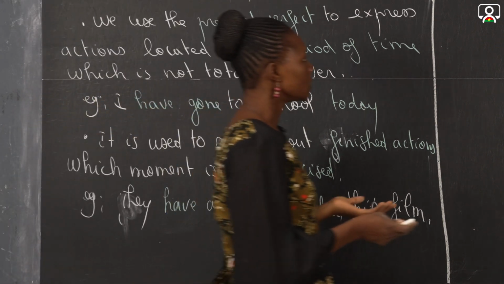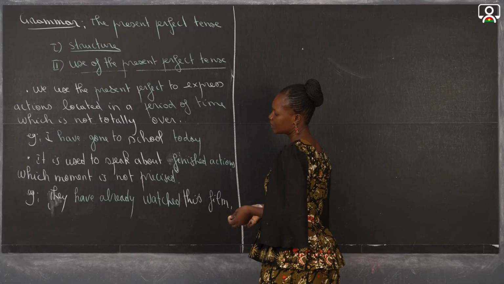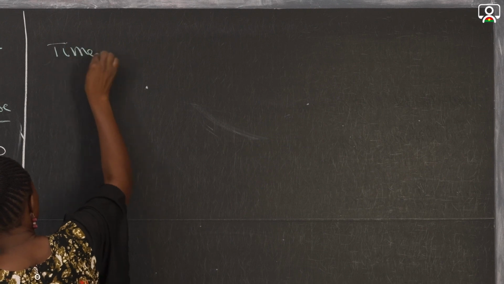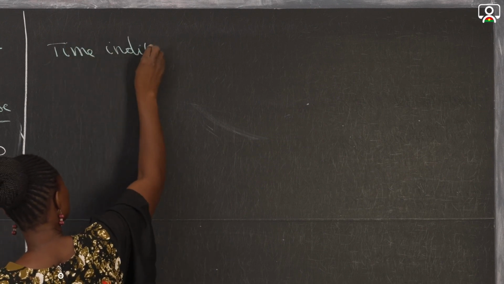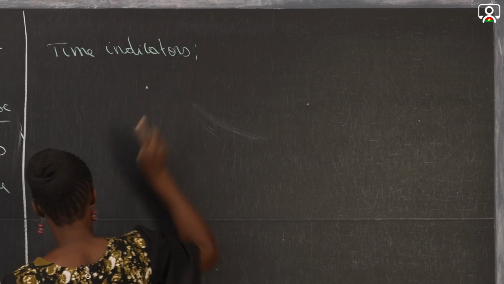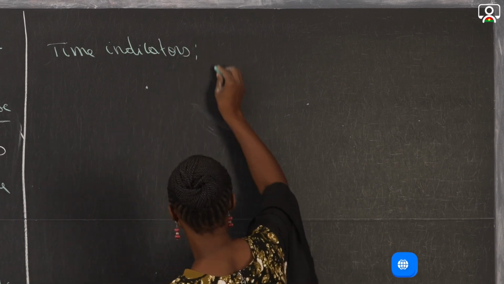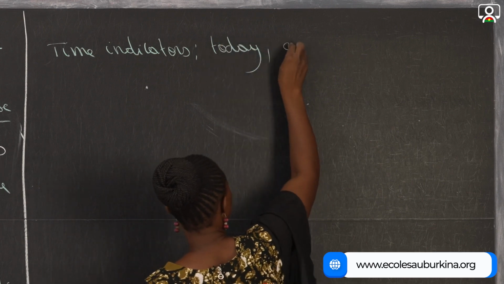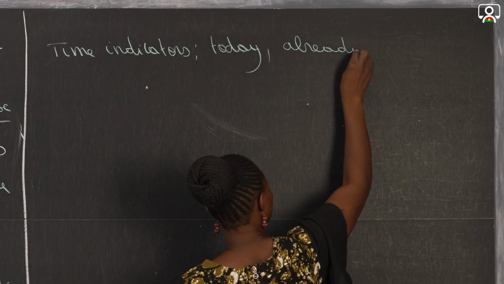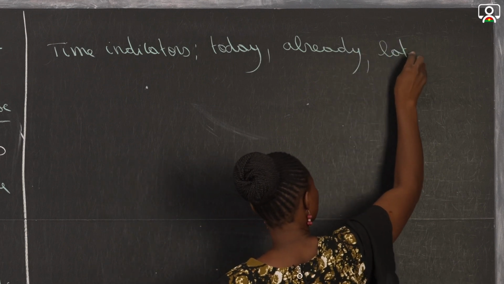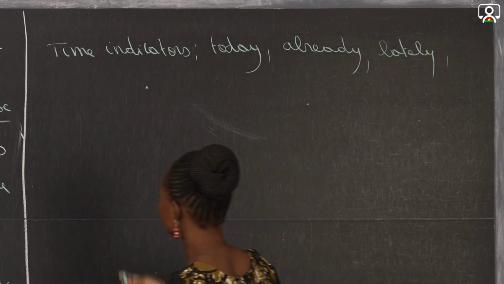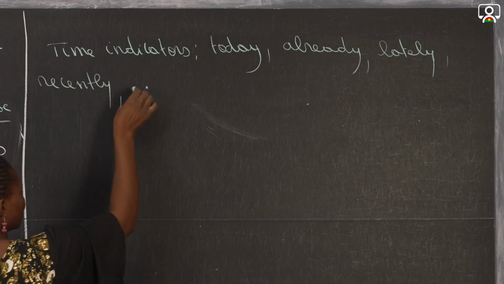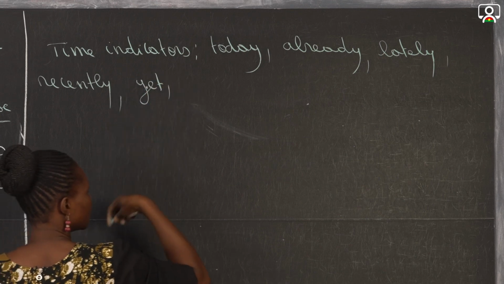So now I'm going to give you the different time indicators of the present perfect. We can have today, already, lately, recently, yet.